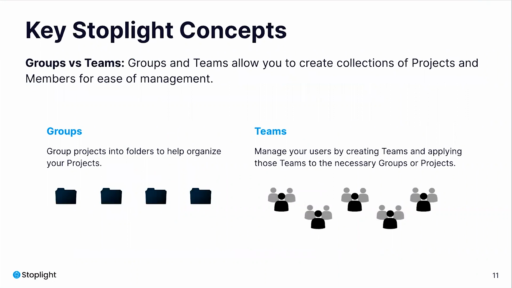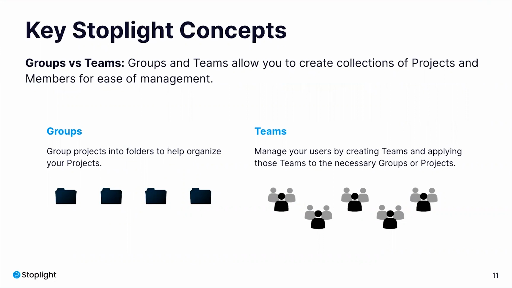All right, so now if we take a look at groups and teams, groups provide you a way to organize projects for easy navigation and maintenance. For example, you have the ability to separate public projects from internal projects, and you can also separate documentation projects from API projects.